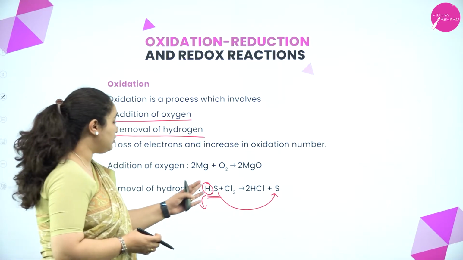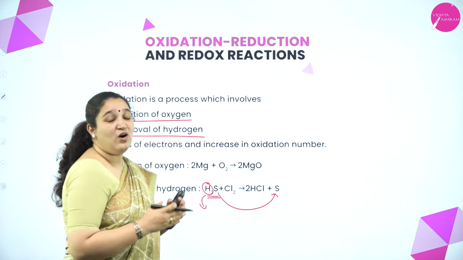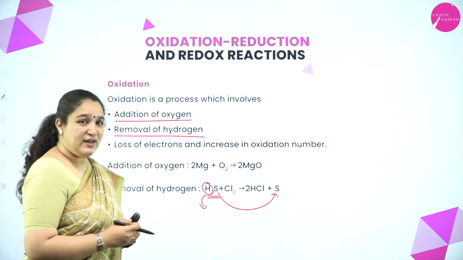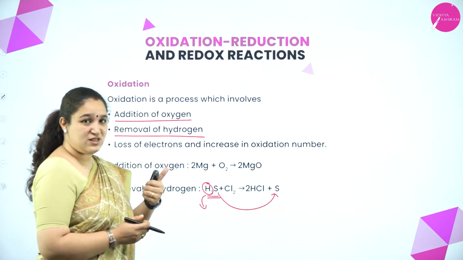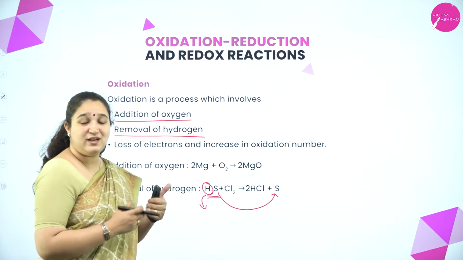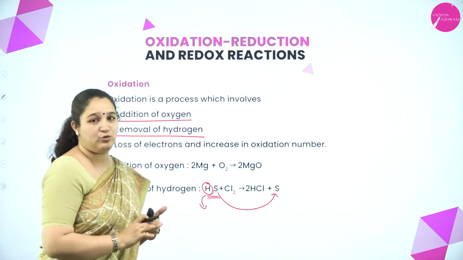Here removal of hydrogen from hydrogen sulfide happened. So it is what reaction? Oxidation reaction. So in terms of oxygen, it is addition of oxygen. In terms of hydrogen, it is removal of hydrogen.